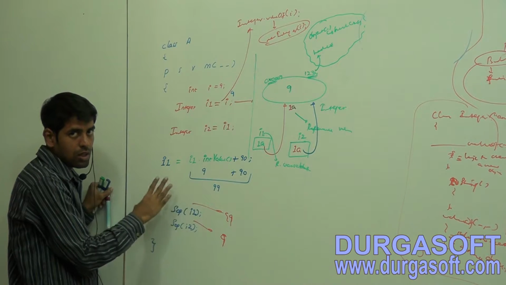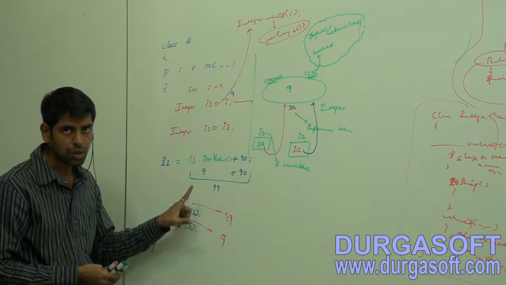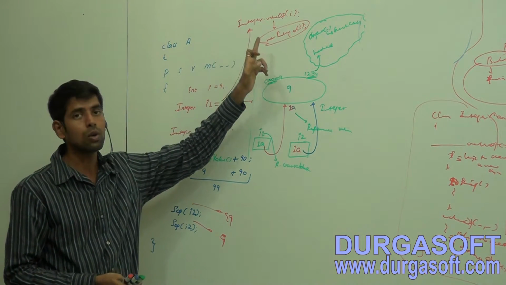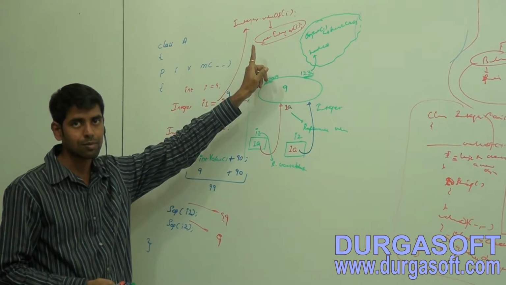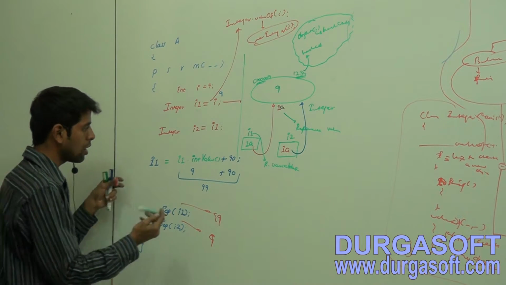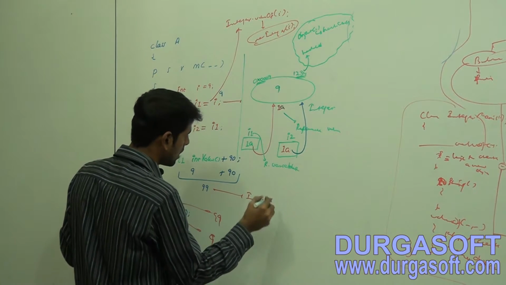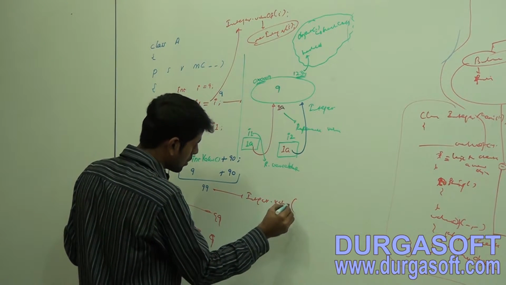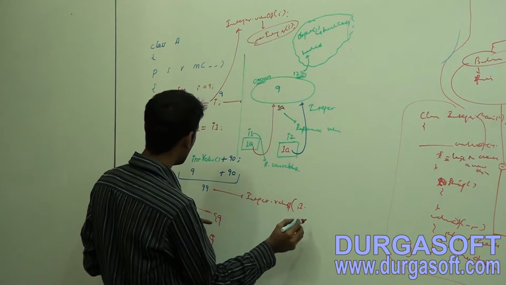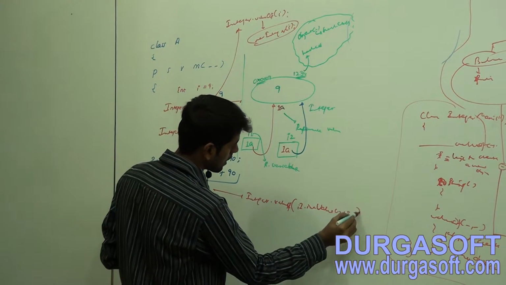What is this concept called? Converting a primitive to the object type is called AutoBoxing. AutoBoxing means this method will be called. How will it be called? Integer.valueOf, and I1.intValue() + 90.